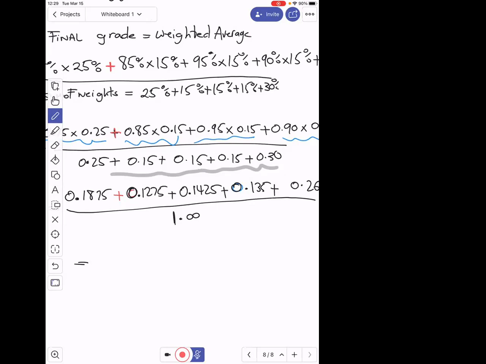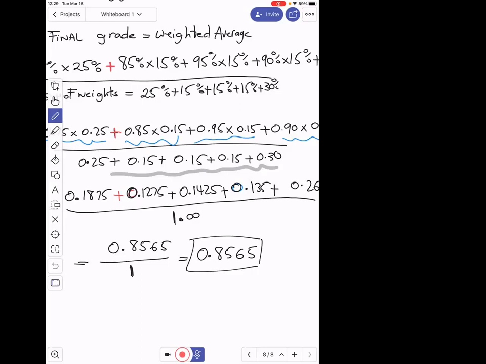So the sum here, let me see, 0.8565. Yeah, that's what I got. So yeah, it's 0.8565. That's the right answer over 1. So that's 0.8565.